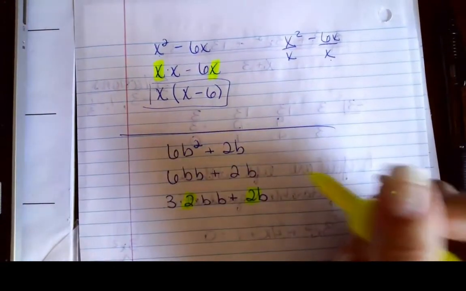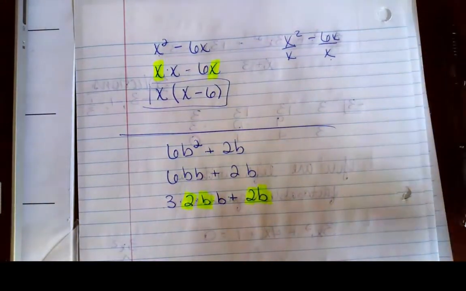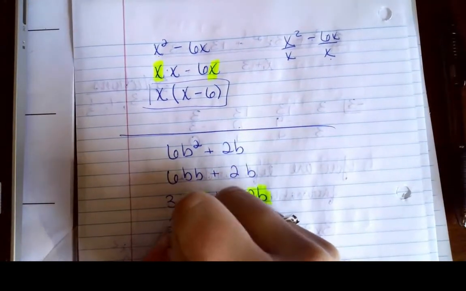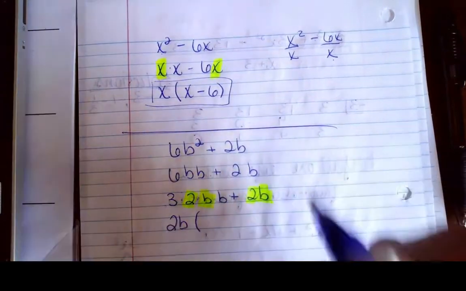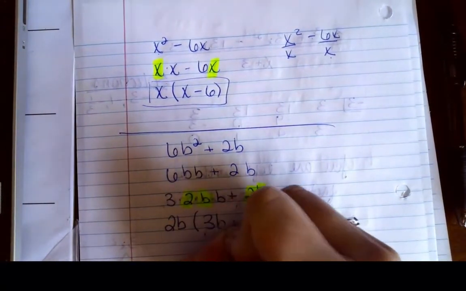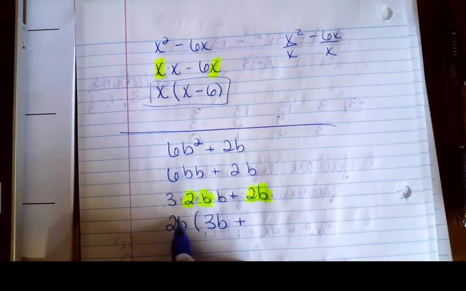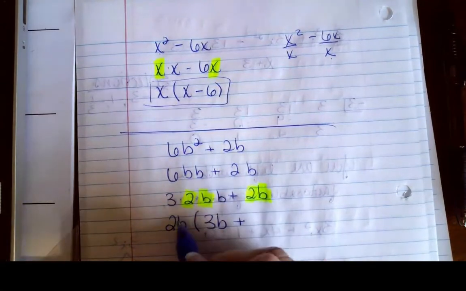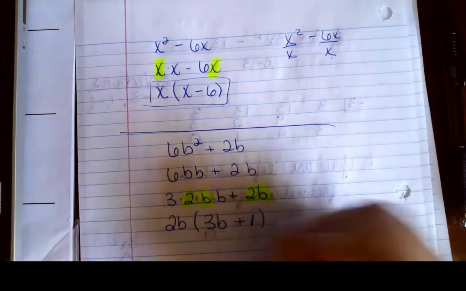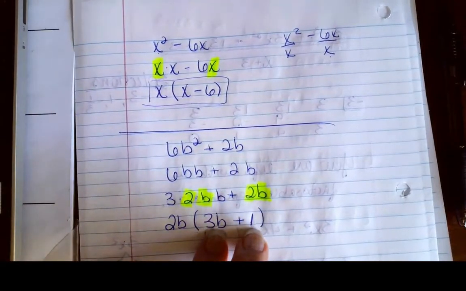They both have a b. So I'm going to divide out a 2b. What's left? On this term, a 3b is left, plus, what is any number divided by itself? Any number divided by itself is 1. So I started with the binomial, I better end with the binomial on the inside.